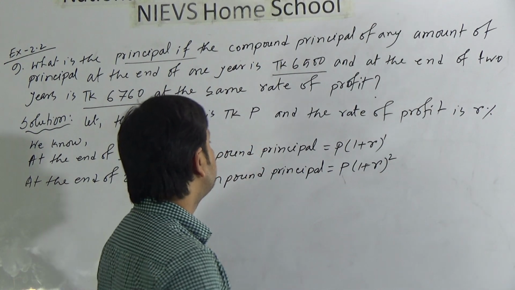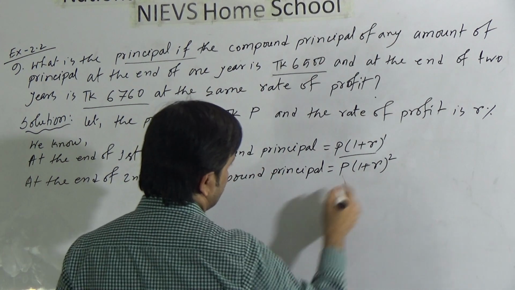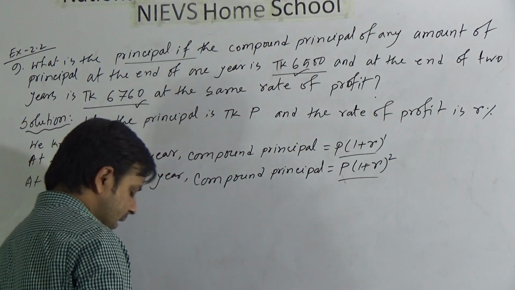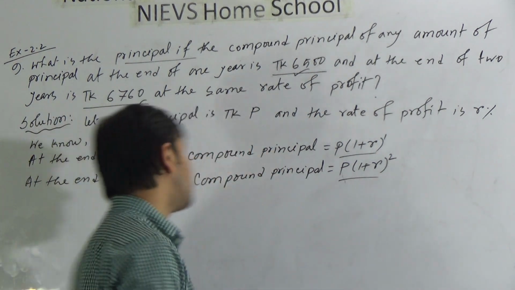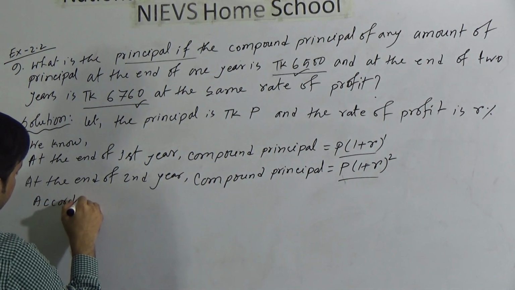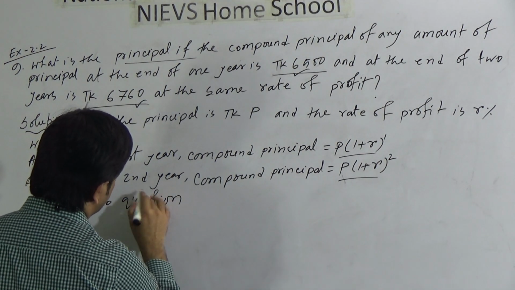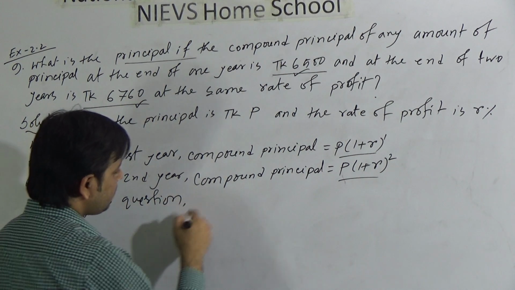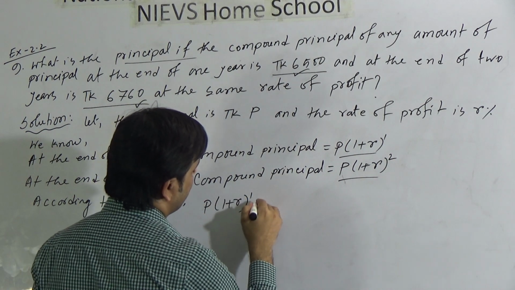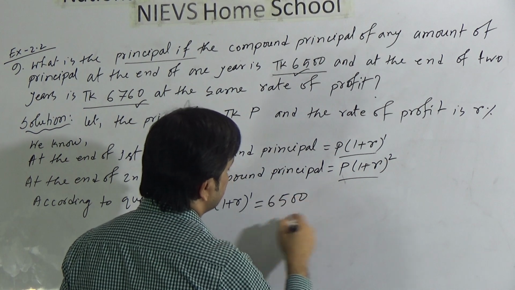So we know the compound principal at the end of first year and at the end of second year, and this is given here. From these two we can form two equations. So we can write here according to the question, P into 1 plus R whole to the power 1 is equal to 6,500 taka.